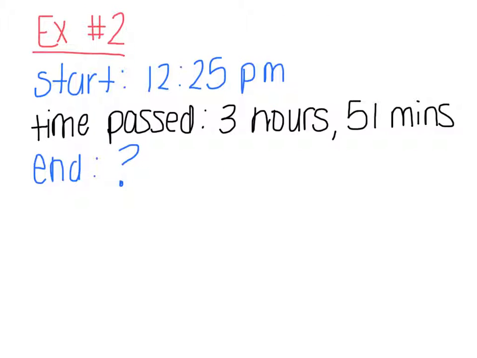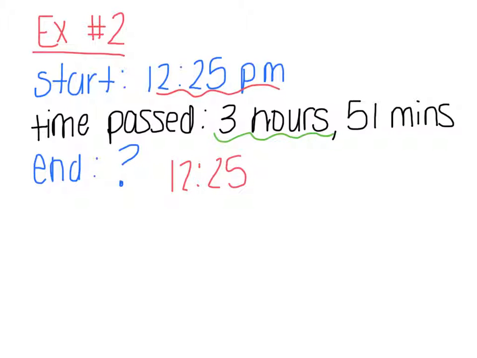Example number 2, they've given us the start time, which is 12:25 p.m. They said 3 hours and 51 minutes have passed. What time did it end? So I'm going to start at 12:25. And I know that the amount of hours that went by were 3 hours.